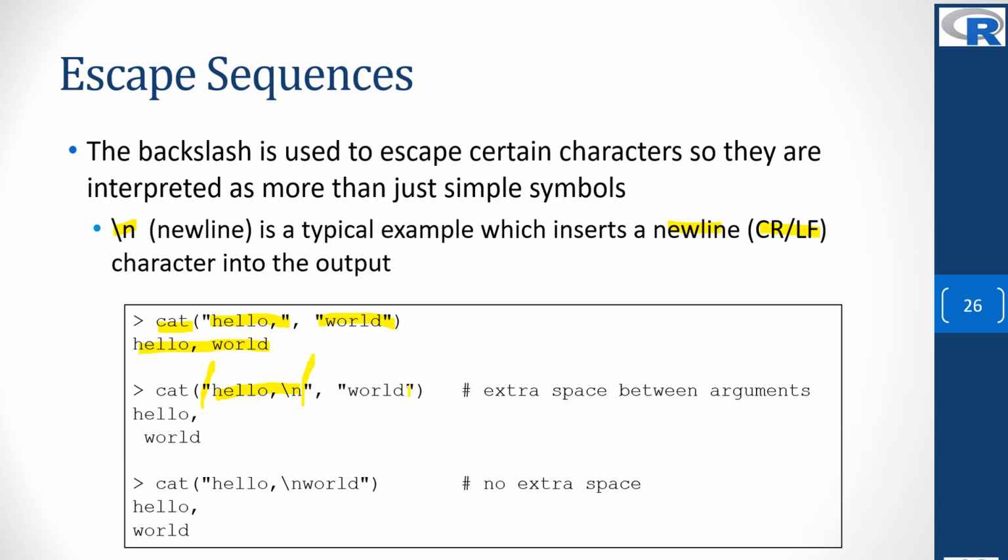And then the word world, and you can see that we get the hello comma, and then the new line causes the cursor to jump down to the next line and start on the left and print out the word world with that embedded space before it that cat inserts. If we don't want that extra space, well, I could just combine the strings hello and world and put the escape sequence in without the comma to separate them, and then we get hello and the world is left aligned with the hello on the previous line.